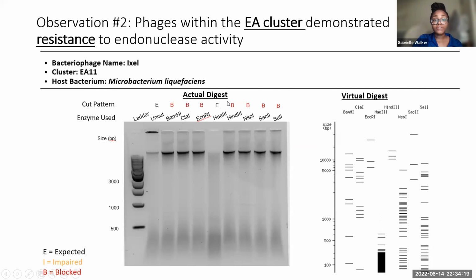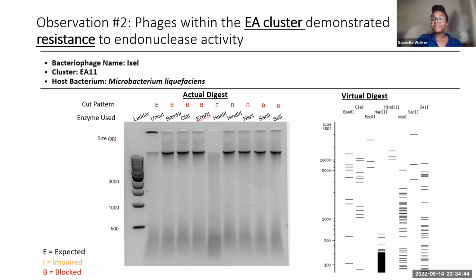This is phage IXL, also part of the EA cluster. When looking at the actual digest, you see that this digest is full of blocked restriction sites. This means that IXL also has modification at these recognition sites for these enzymes, and HeyIII is the only one that did not have a modification, since this is the only one that produced the pattern.